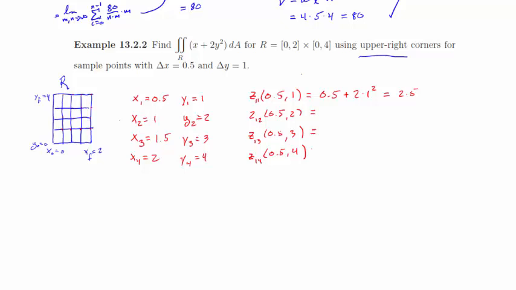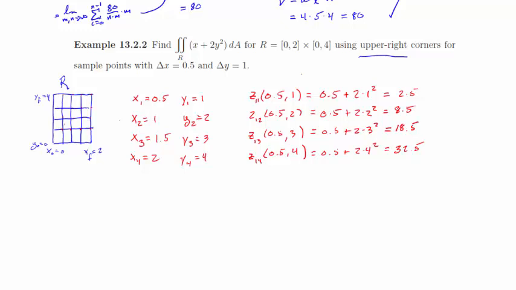All of these are going to have the 0.5 for the x value to start, and then we're going to have plus 2 times 2 squared, plus 2 times 3 squared, plus 2 times 4 squared. So we have 8 plus 0.5, 8.5. And we have 9 times 2, 18.5. 16 times 2, 32, plus the 0.5.